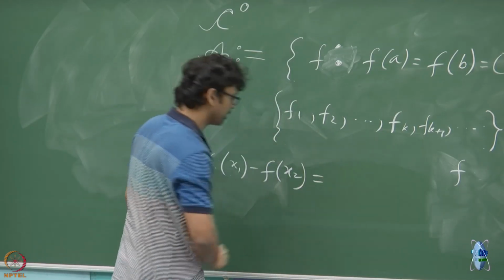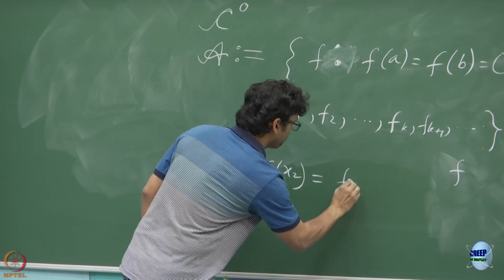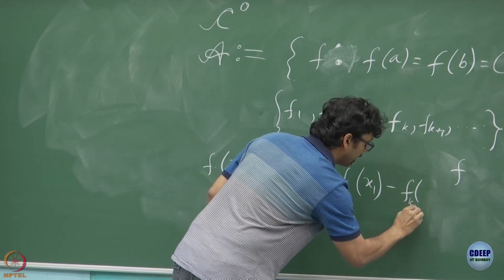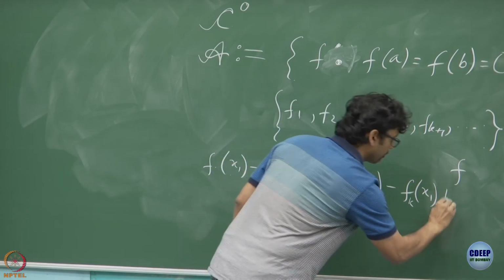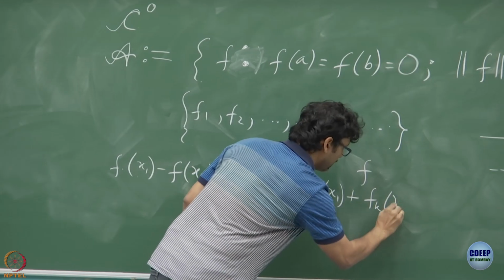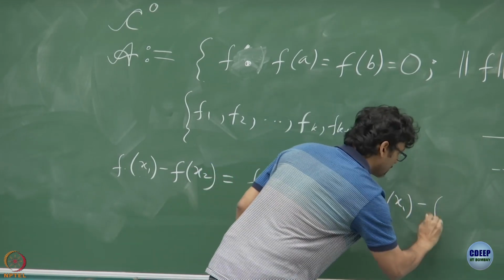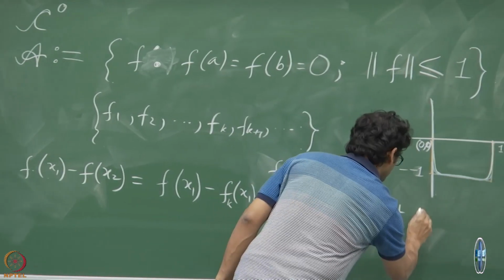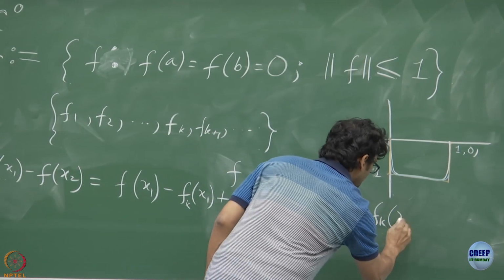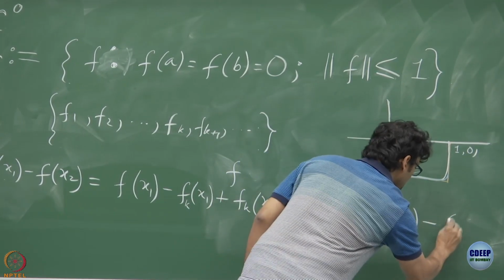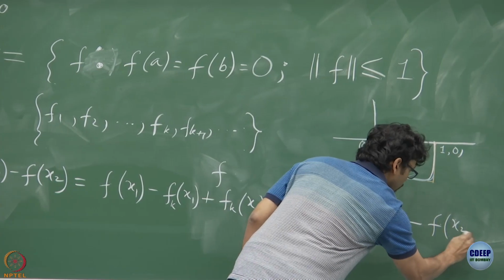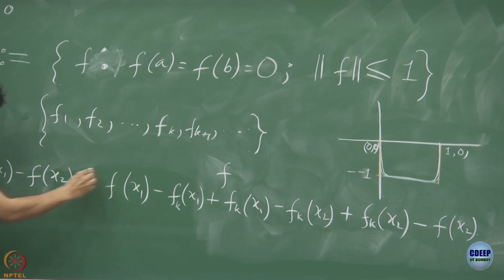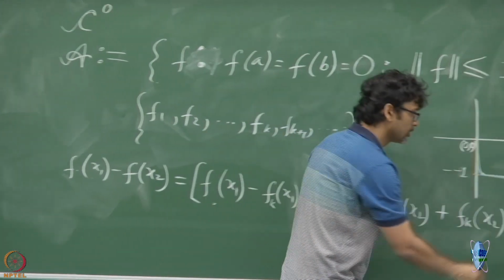We can actually write this as f x1 minus f k x1 plus f k x1 minus f k x2 plus f k x2 minus f x2. Why am I doing this seemingly funny rubbish? Any idea?